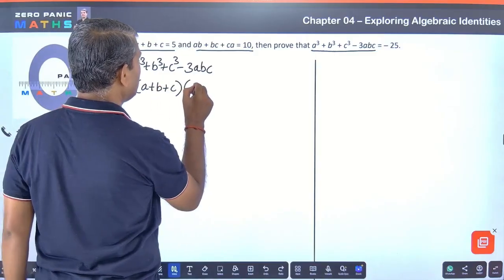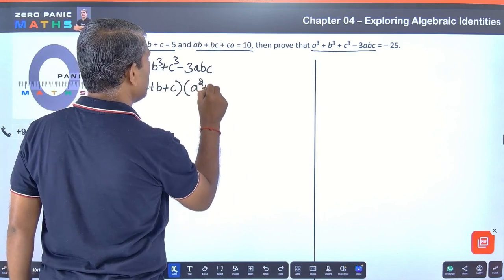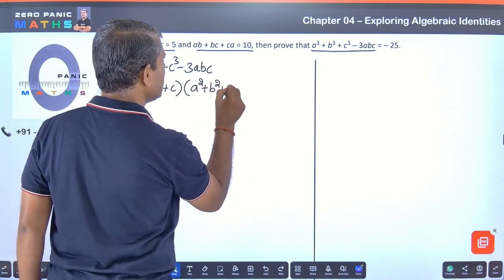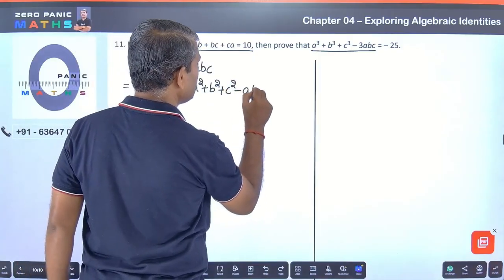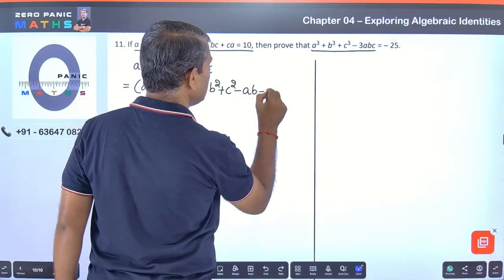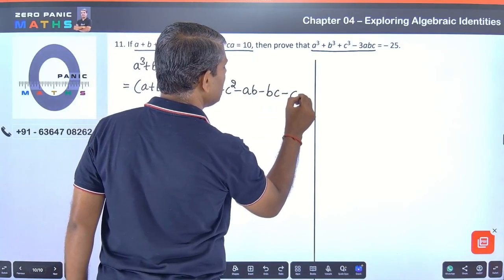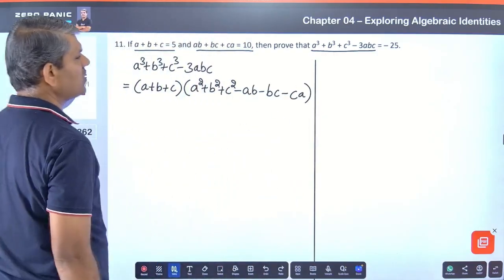In another bracket it is a square plus b square plus c square, minus ab minus bc minus ca. This is the expansion of this.